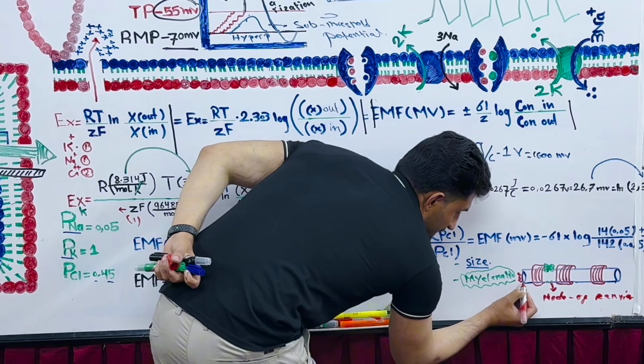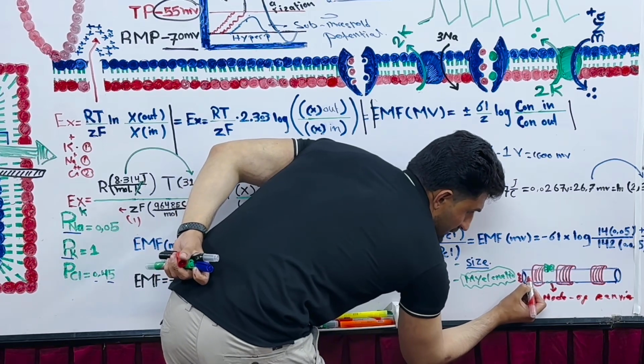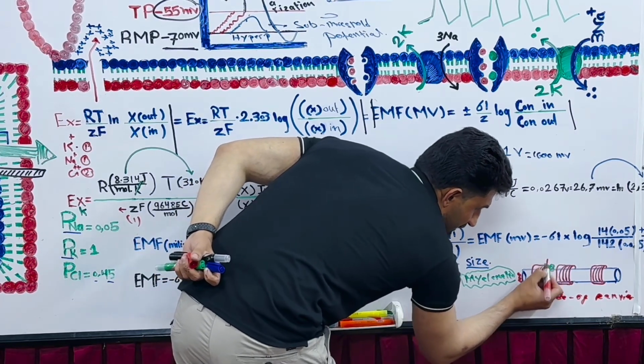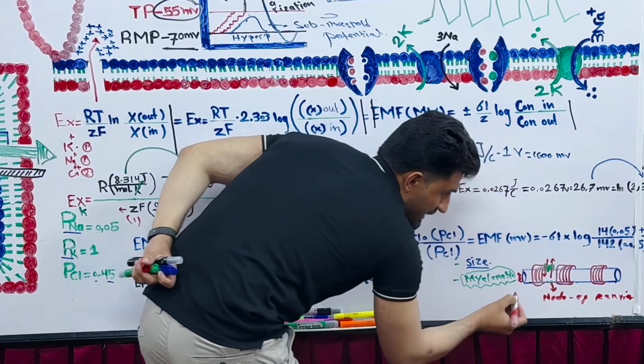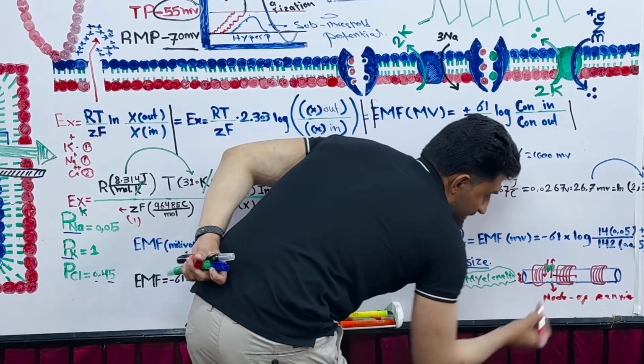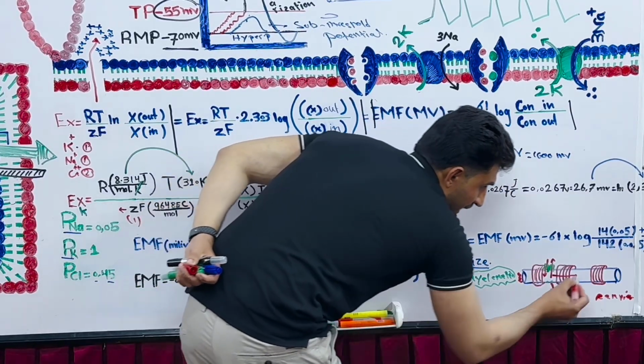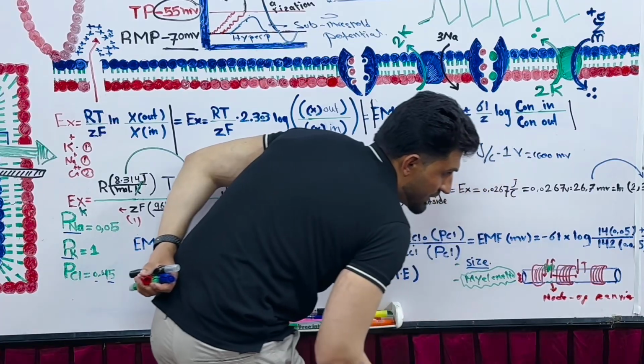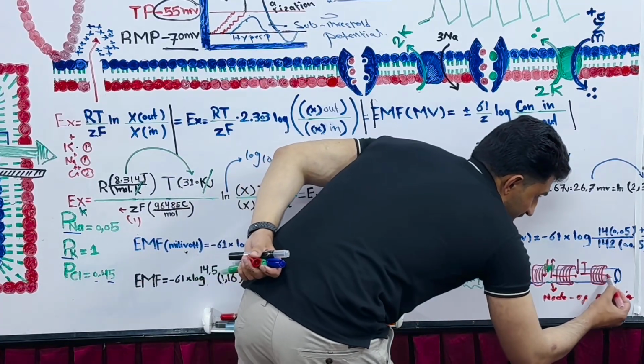Now, these positive charges enter the inside of the neuron, and depolarization and repolarization occur here, and then these charges enter the next part of the neuron and depolarization and repolarization occur, and then again in the next part.